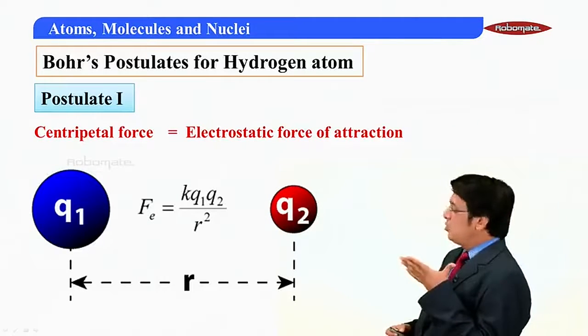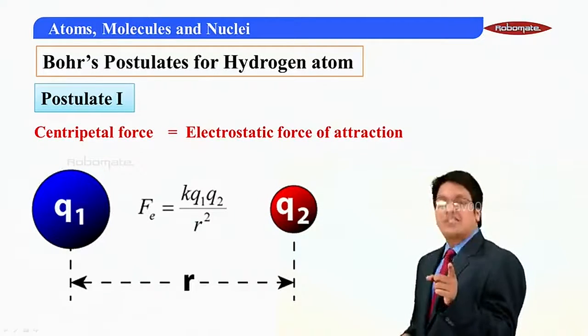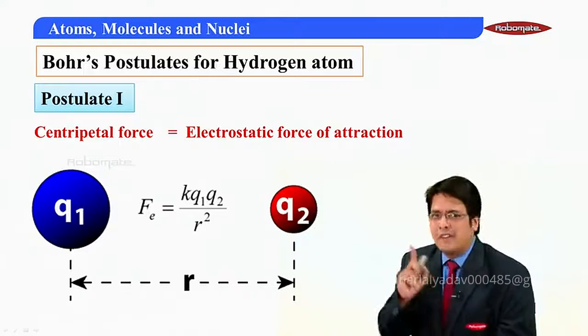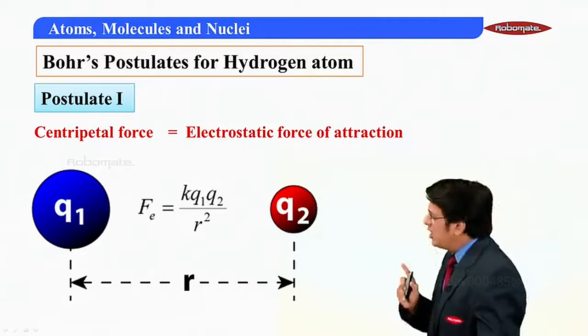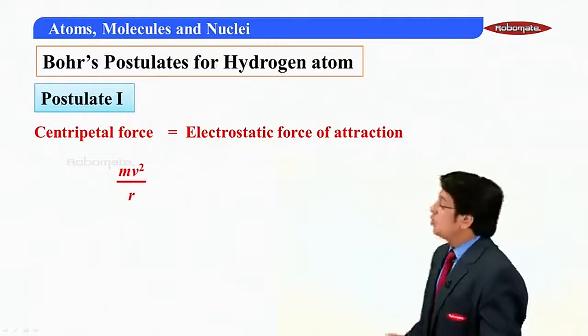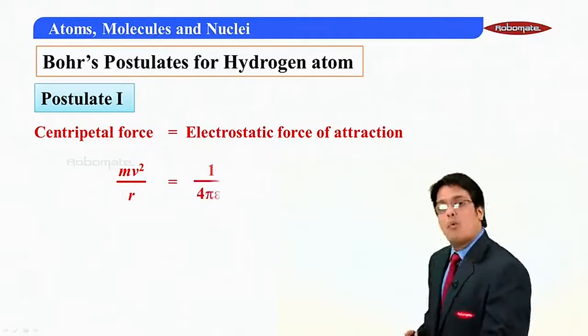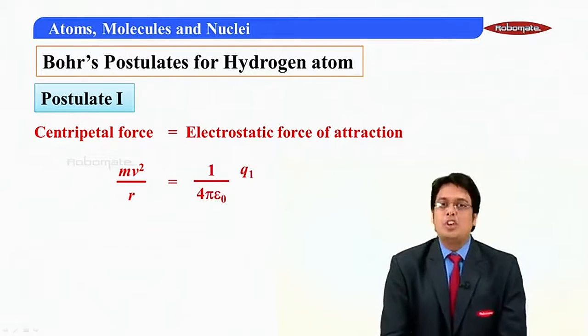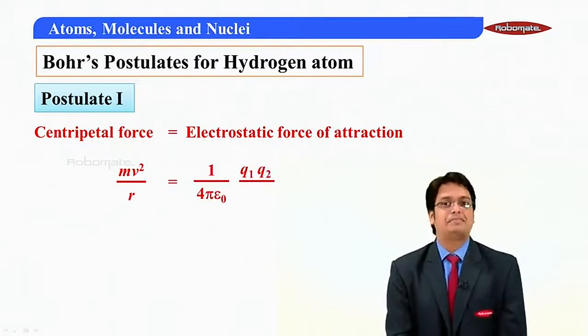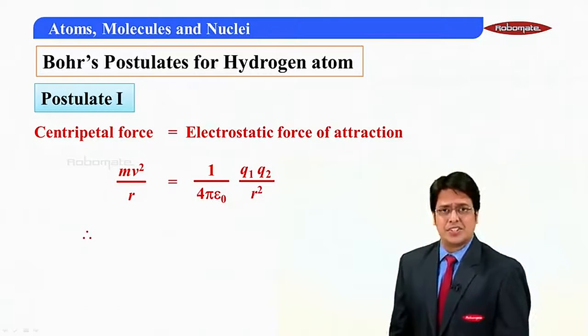You can say Q1 and Q2. From the electrostatics chapter of 11th standard, I'm pretty sure you are aware of this formula: F is equal to K Q1 Q2 by R square. So mv square by R, from the circular motion chapter, is equal to 1 upon 4 pi epsilon 0 Q1 Q2 upon R square. R is the distance, the radius.